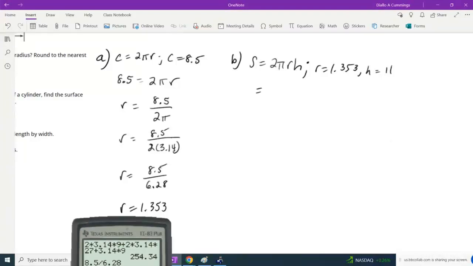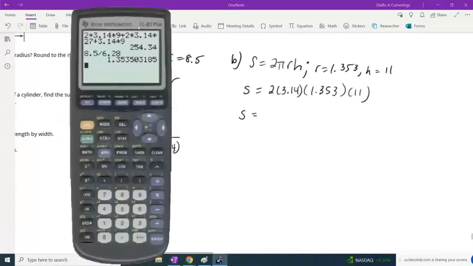So I'm going to multiply all this together. So S is going to equal 2 times 3.14 times 1.353 times 11. So the surface area should equal 2 times 3.14 times 1.353 times 11.